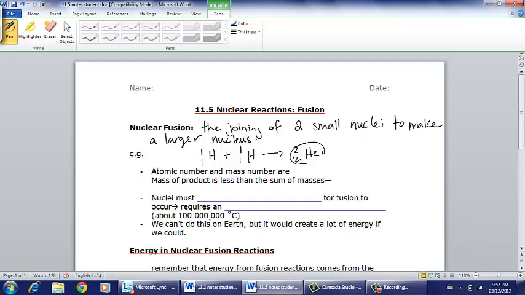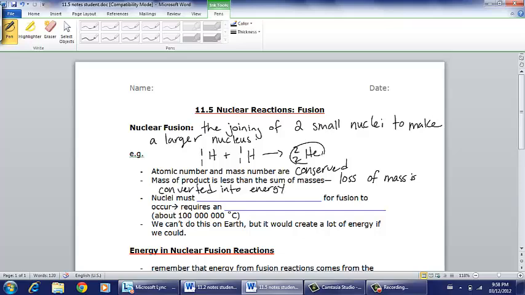In this process, in fusion, atomic number and mass number again are conserved. The mass of the product is a little bit less than the sum of the masses. Loss of mass is converted into energy and is released.